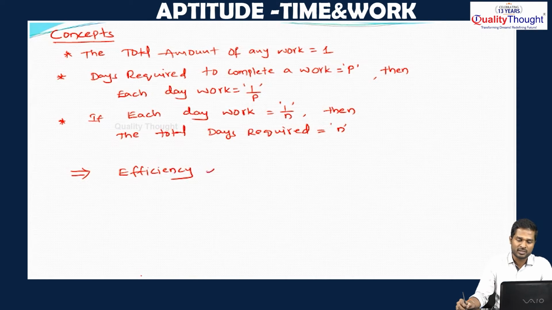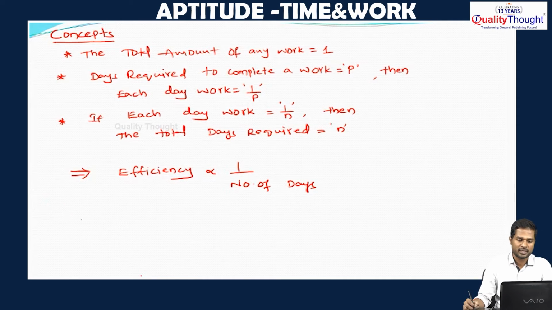Efficiency means consider it as energy. If a person is more energetic, he will take less number of days to complete the work. If a person is less energetic, he will take more number of days to complete the work.